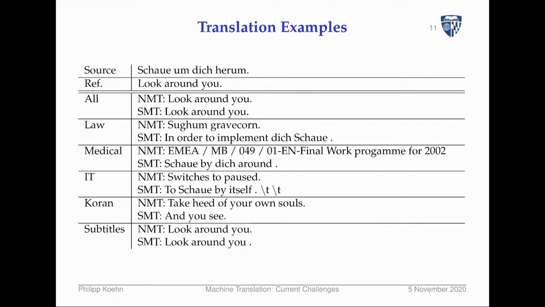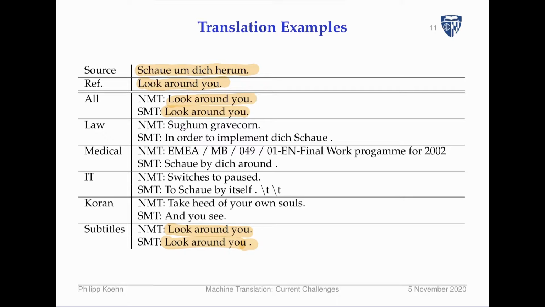Here are again some examples. This is a sentence from a subtitle corpus. The source sentence is "schau dich herum", which means look around you. And here are the various outputs. If you train on all the data, it does the right thing. Actually, if you train on the subtitle corpus, it also does the right thing. But for everything else, you see how neural machine translation and statistical machine translation break apart.